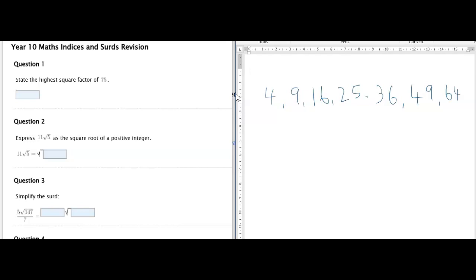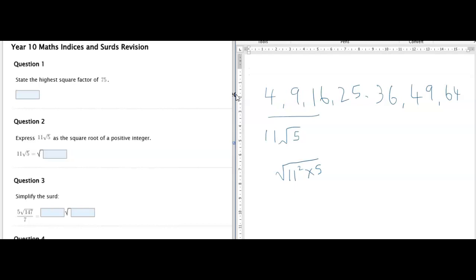Express 11 root 5 as the square root of a positive integer. If we put 11 into the square root sign, we're going to have 11 squared times 5.